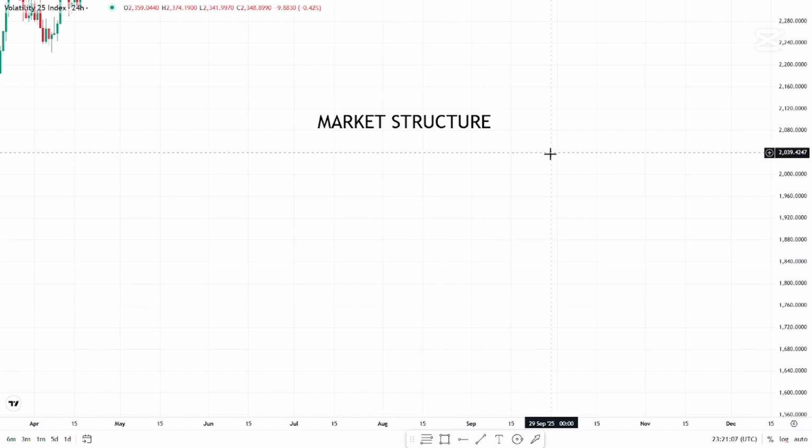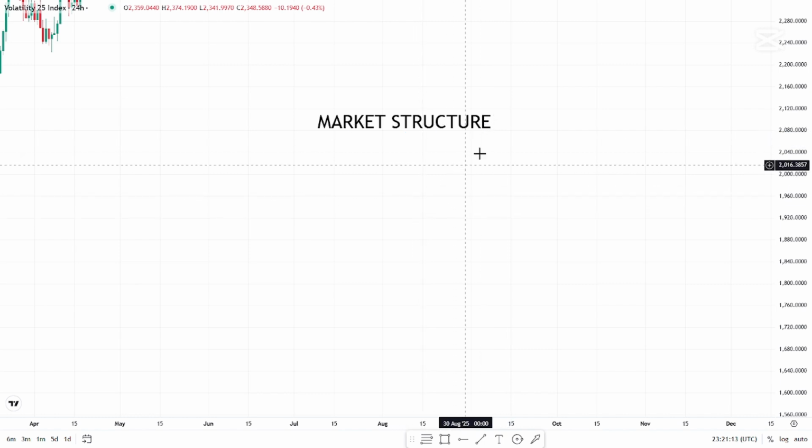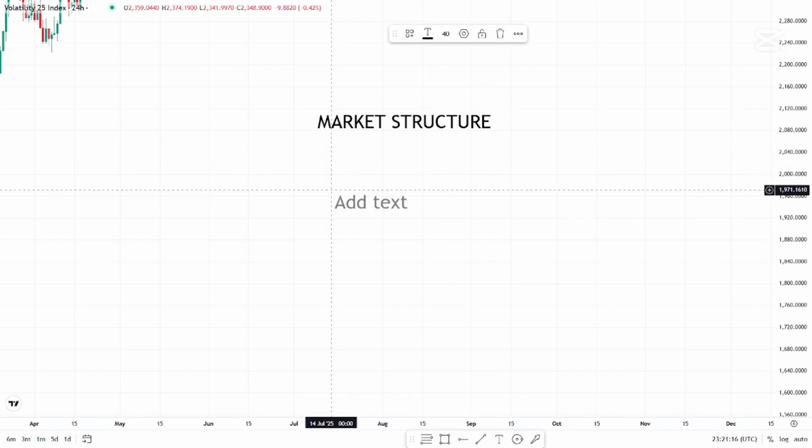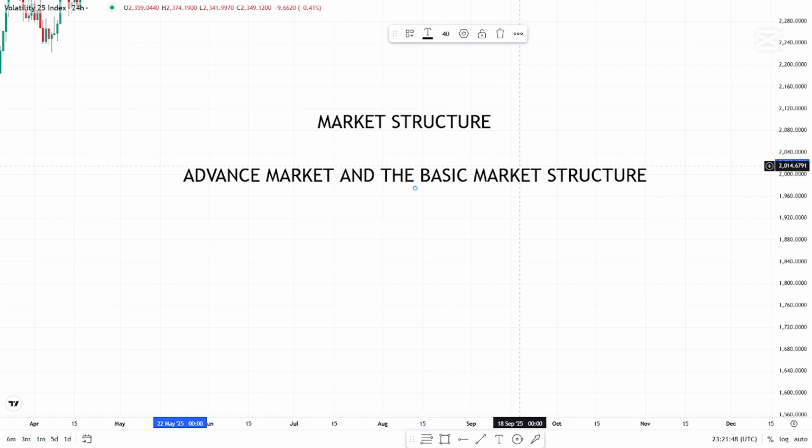And we have two types of market structure. We have the advanced market structure, and we have the basic market structure.